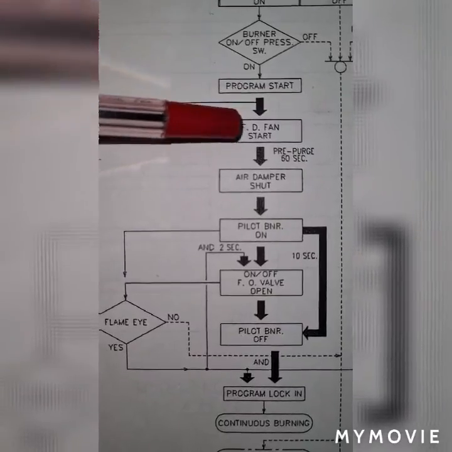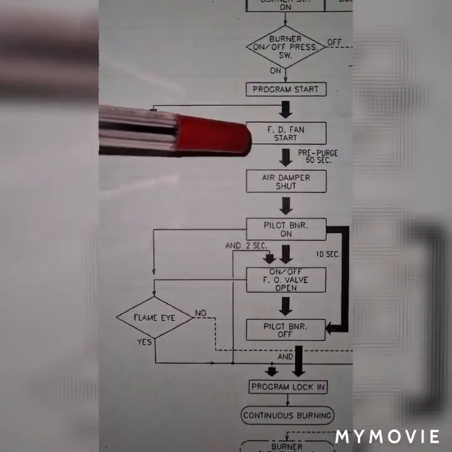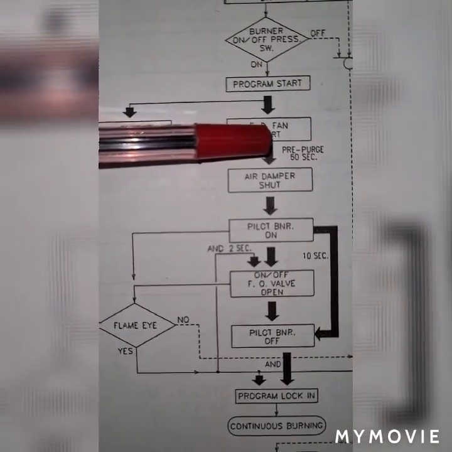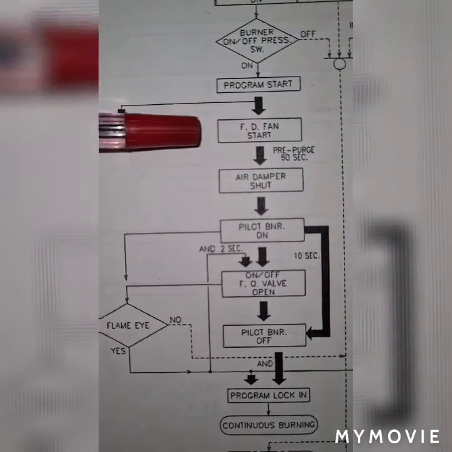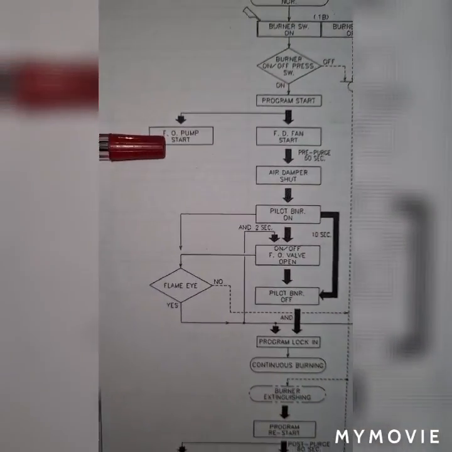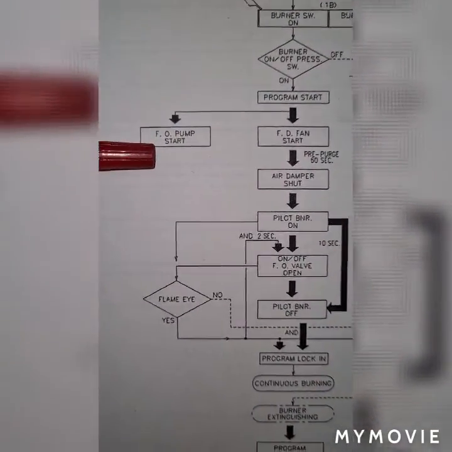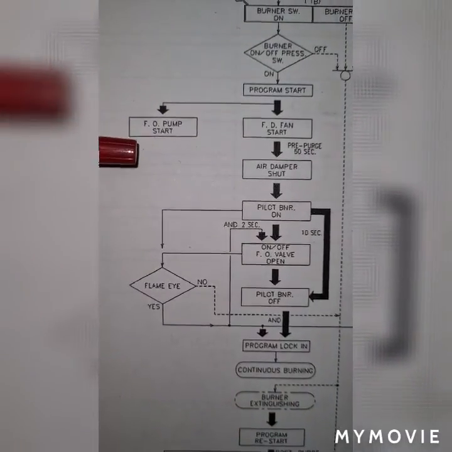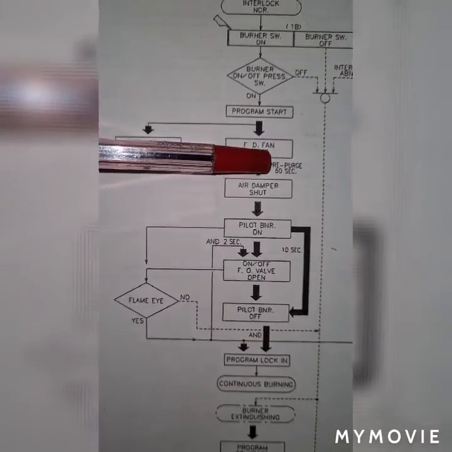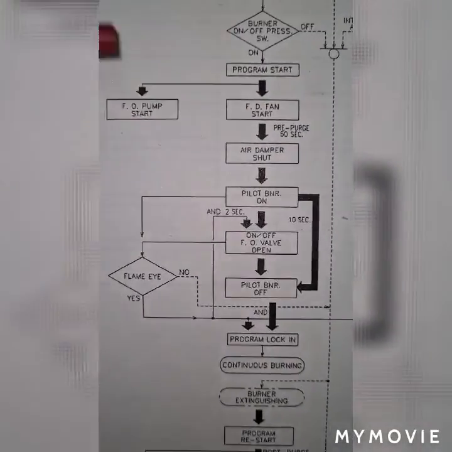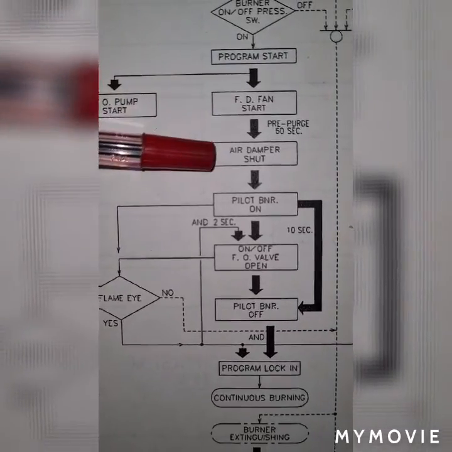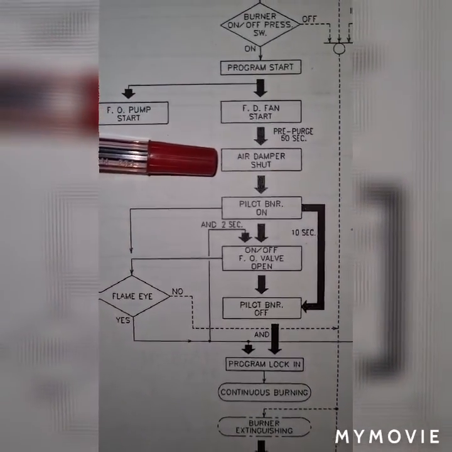While the pre-purging time is performed, the air damper is open. Then the PLC sequencer, or the logic controller, counts about 60 seconds. When the 60 seconds is finished, the air damper will be closed or shut.